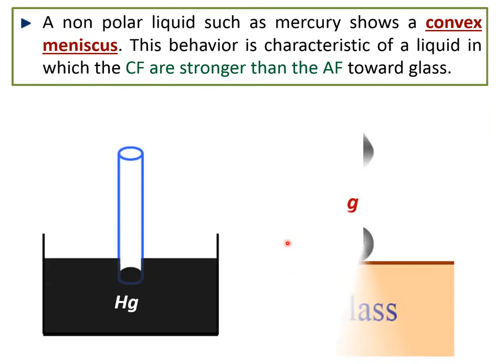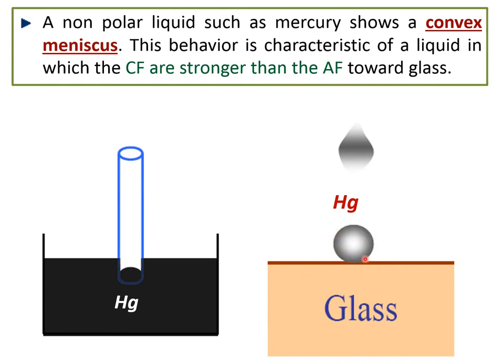Mercury will drop like this on the glass. Even if you pour mercury on the floor, you will find it like beads, spheres. Okay, or in the glass like this, because actually the cohesive force in mercury is stronger than the adhesive forces between mercury and the glass.